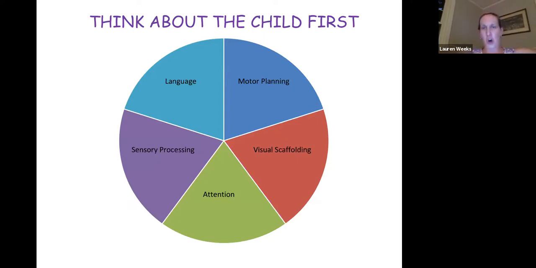Below, the underlying issues are this pizza pie that I show every time. The underlying issues are that you throw blocks in front of a child and they have motor planning issues or they have visual spatial issues. And so they don't know how to visually spatially set up the blocks, or they have attentional issues and they get super distracted so they can't keep the pattern going.